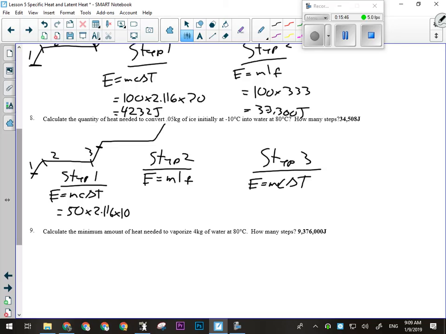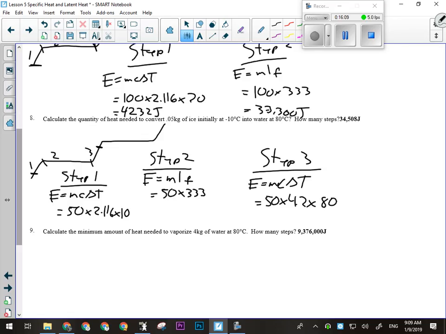After 0, I don't have ice anymore. Then I have E equals MLF, which will be 50 grams times 333 joules per gram. And then E equals MC delta T, 50 grams times now water, 4.2 joules per gram degree Celsius, and I'm changing the water's temperature by 80 degrees.